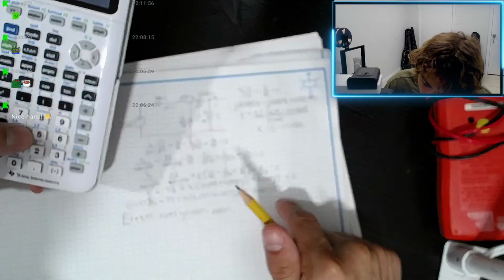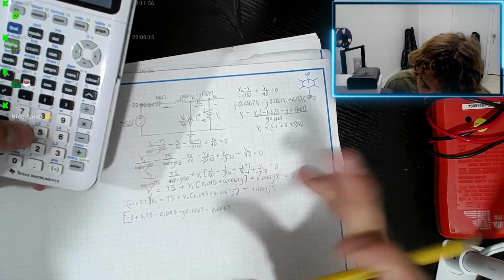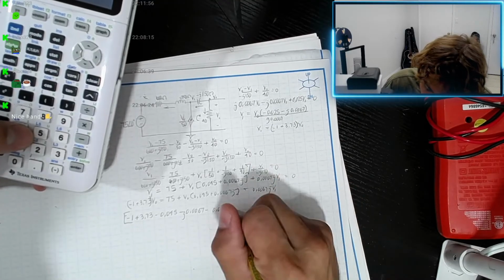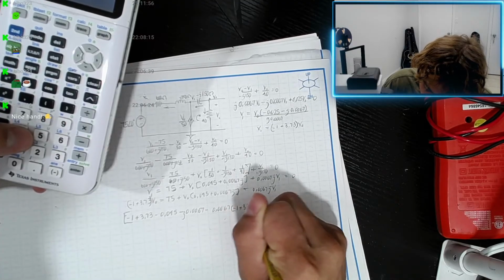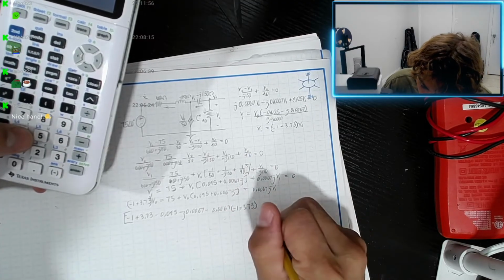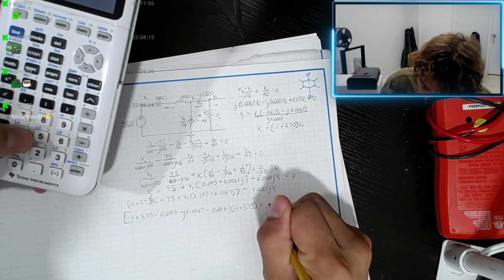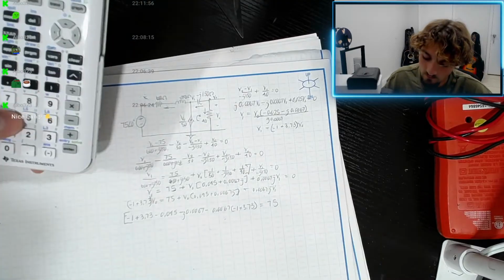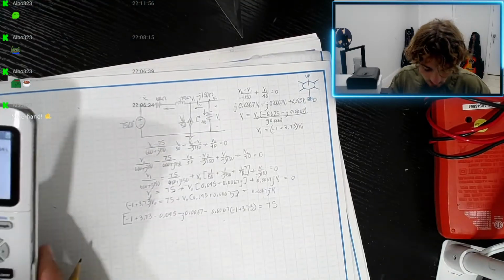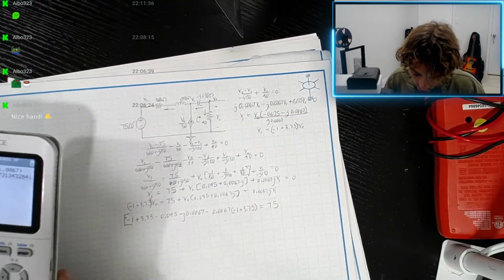So it'd be a multiple of that, and then we could subtract it. Multiplied by negative 1 plus 3.73 J equals 75. Yes, there it is.